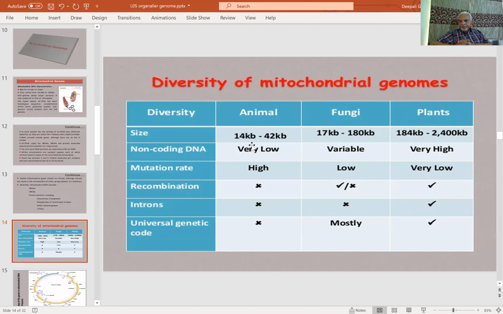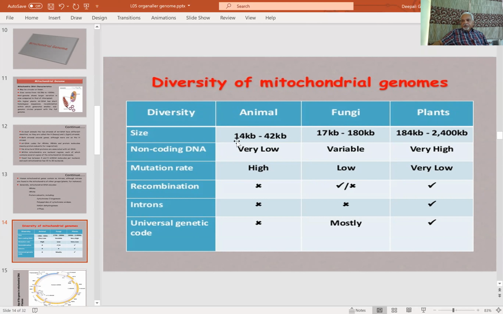Now, if we see the diversity of the mitochondrial genome in eukaryotes, animals, fungi, and plants, let us look at the size of the mitochondrial genome in these three types of eukaryotes: animals, plants, and in between you have fungi.